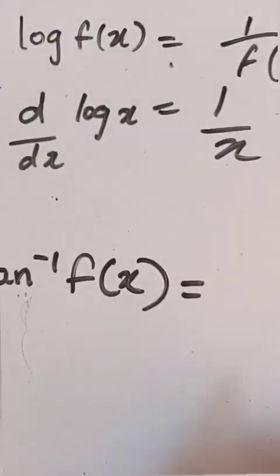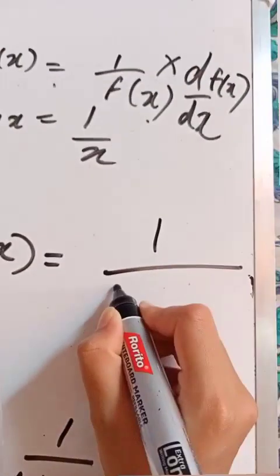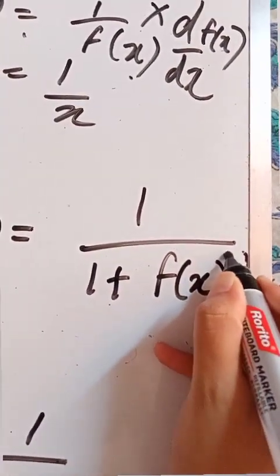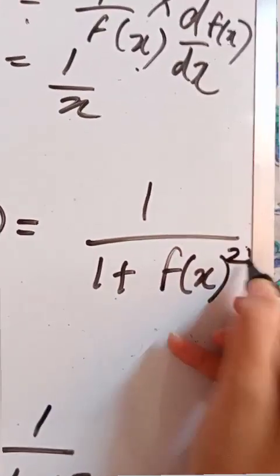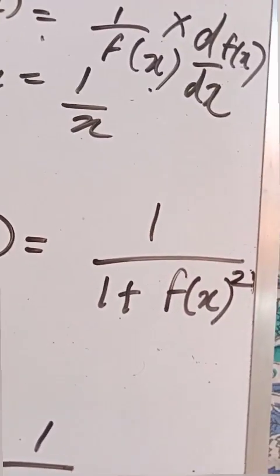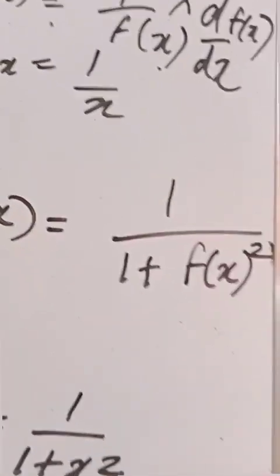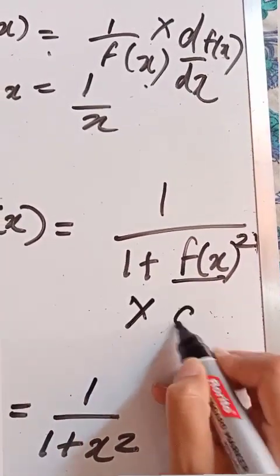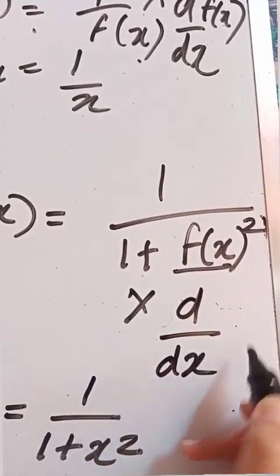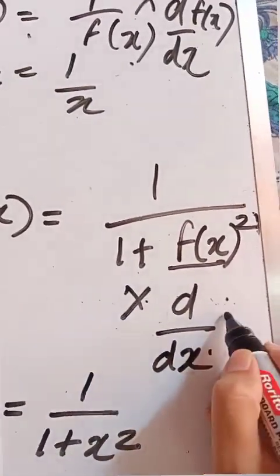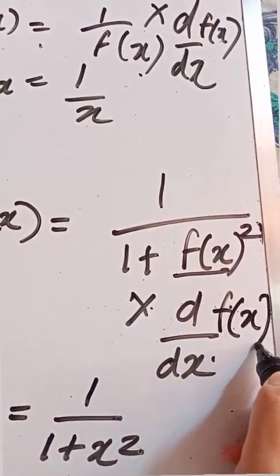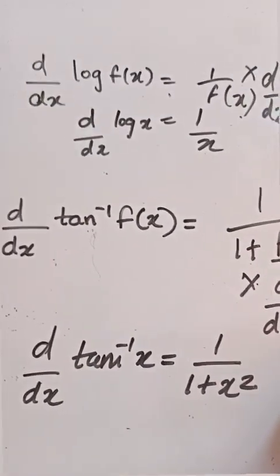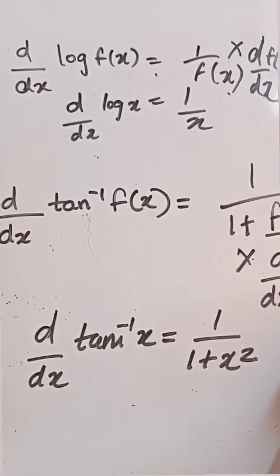So here it will be 1 by 1 plus f of x square. Since it is f of x, we have to do the differentiation of f of x too. So into d by dx of f of x. So I hope you got it, how to do the differentiation of a function of x.